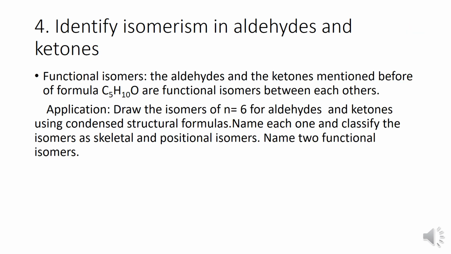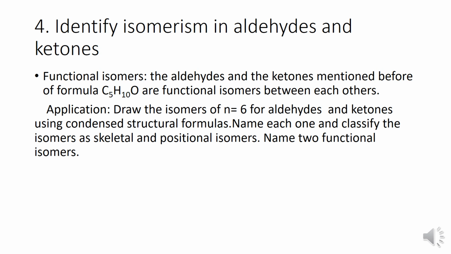Now, what do we mean by the third kind of isomers? Let's remember, we explained positional isomers, we explained skeletal isomers, and positional branch isomers.